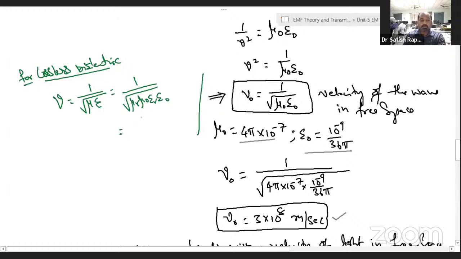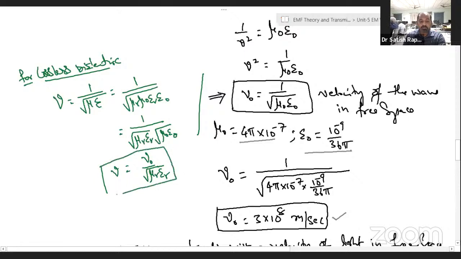So this is equal to 1 by root mu r epsilon r and root mu naught epsilon naught. Therefore 1 by root mu naught epsilon naught is v naught, so v is equal to v naught by root mu r epsilon r. So this is the expression for velocity for lossless dielectric media.